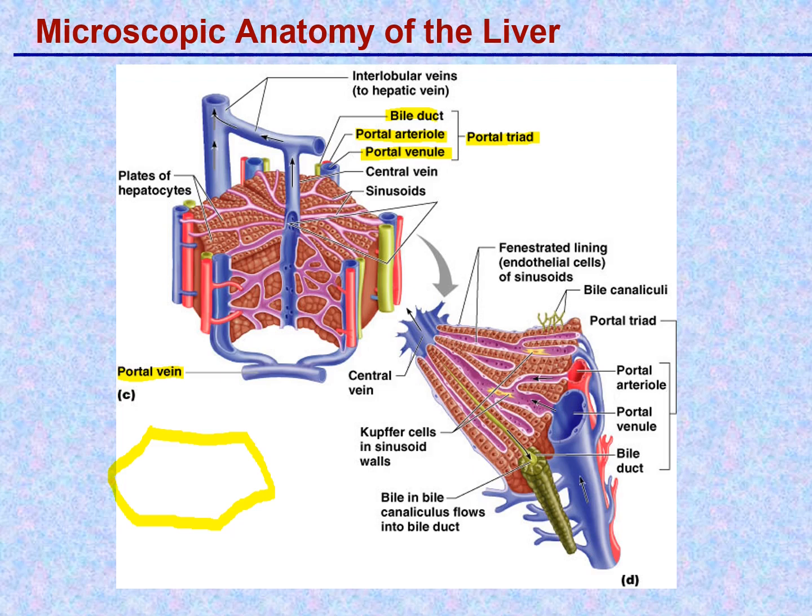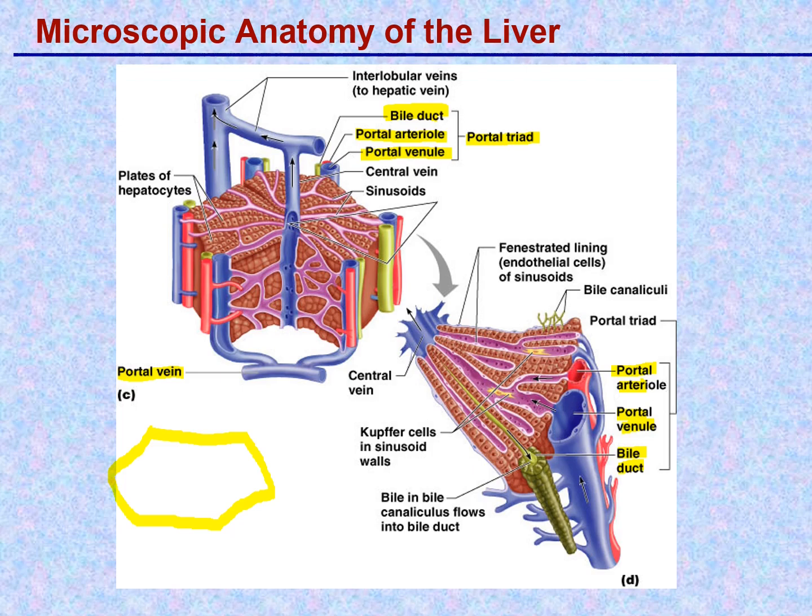The portal venule is shown in blue. The portal arteriole is shown in red, and the bile duct is shown in sort of a yellowish green. Okay, the bile duct is here, same thing up here. So there are these triads at each corner.